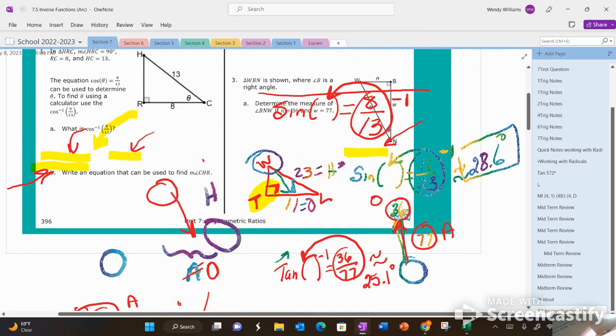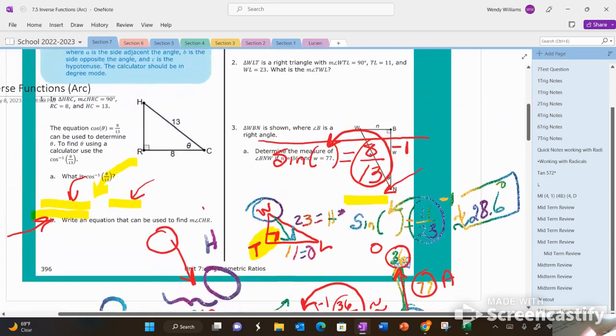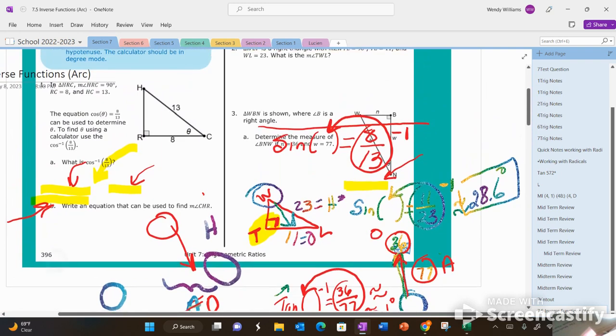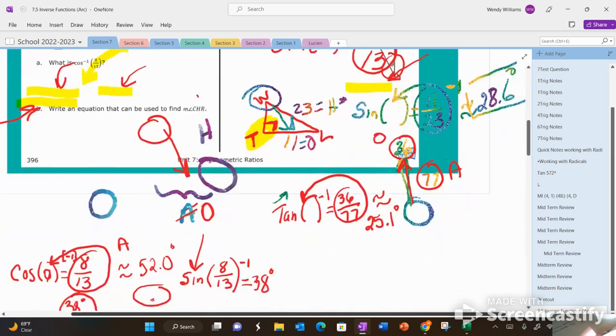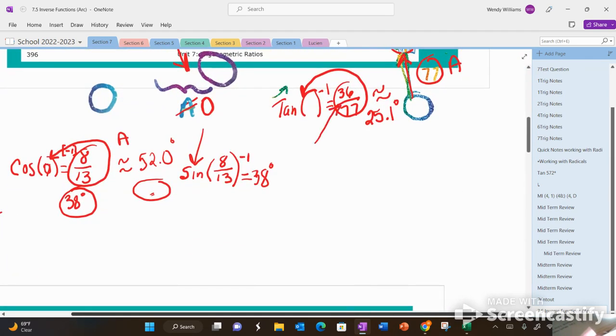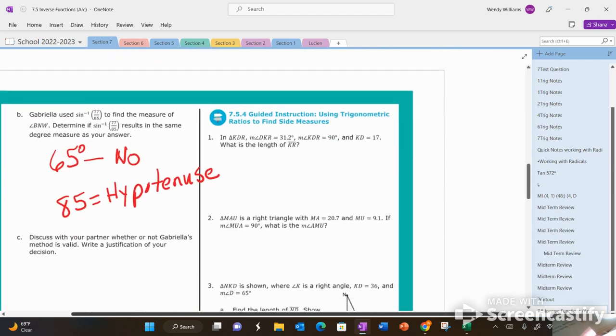And if we look back at the picture, the opposite was 36. So 36 over 85 would have worked. 36 divided by 85 equals second sine, and we would have gotten 25 degrees. Okay.